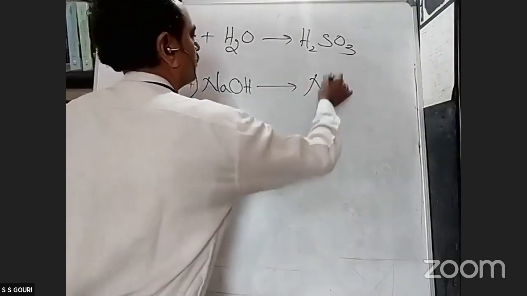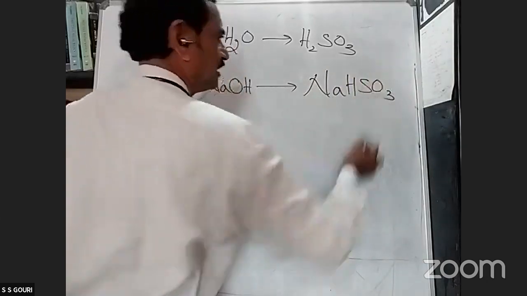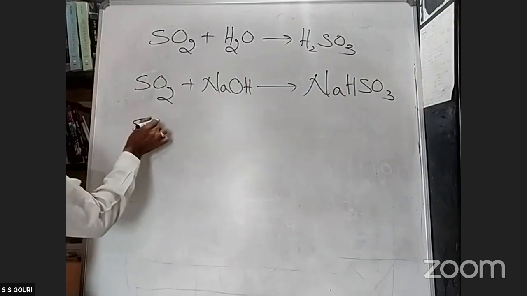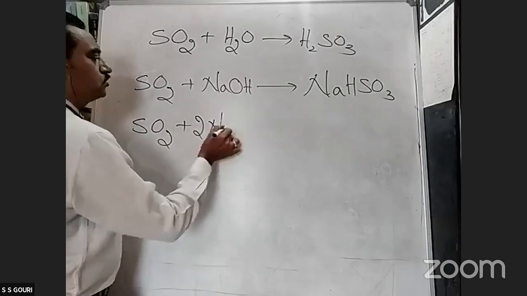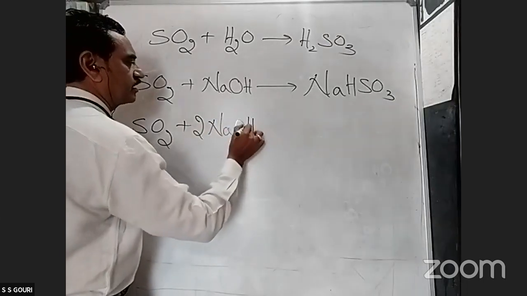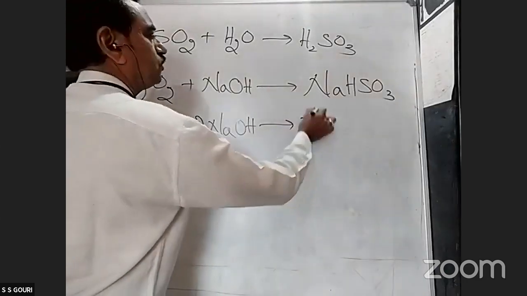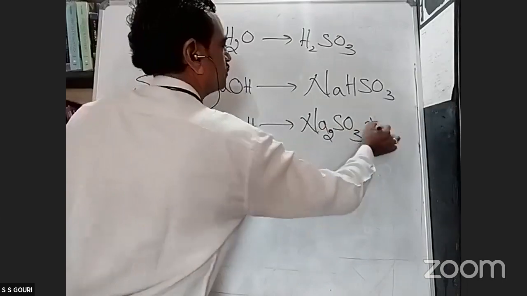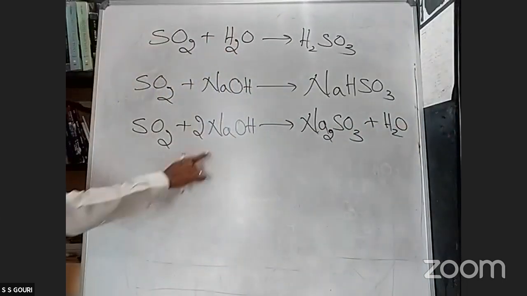They react to form NaHSO3, that is sodium bisulfite. And when the same SO2 reacts with 2 NaOH, it forms Na2SO3 plus H2O. See?